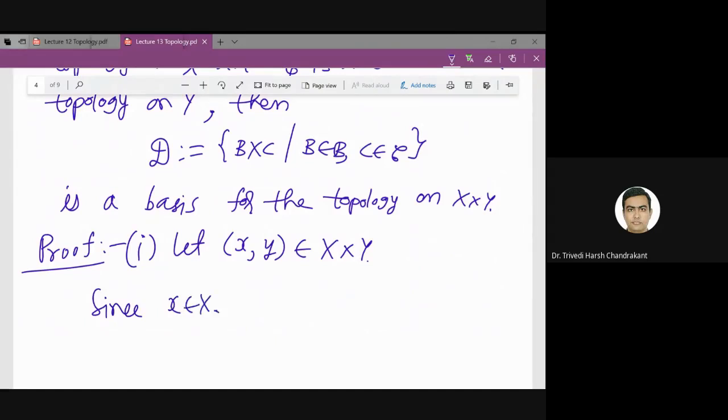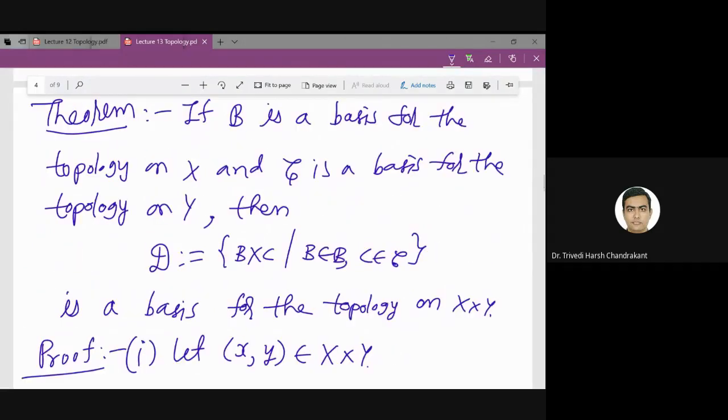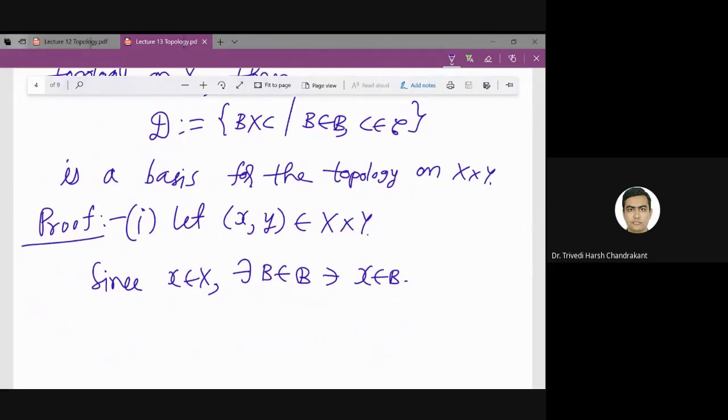Since x is in X, there exists b in the basis of the topology on X so that x belongs to b, because we are given B is a basis on X. The same way, y is an element of Y, so there exists an element in the basis on Y, so that y belongs to c.